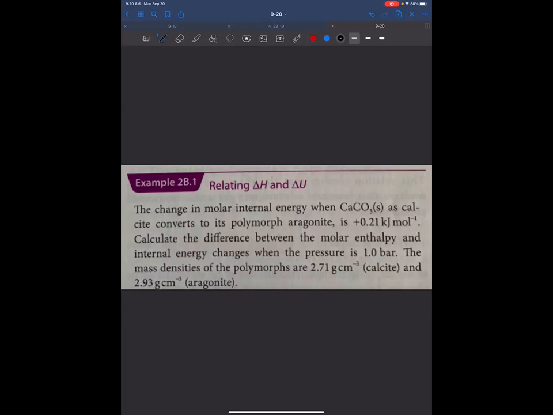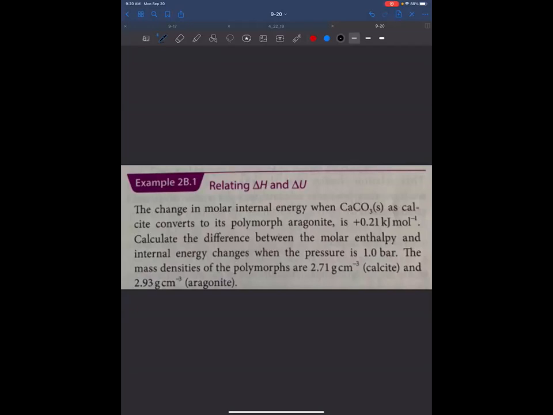So here we are looking at calcium carbonate, which is a simple mineral, and it is changing into its polymorph aragonite. This is a solid. A polymorph for a crystal is also solid. Liquid is not a polymorph. So the phase transition is not to a gas or a liquid. A solid is changing into another solid, and you have been given the change in molar internal energy, which is 0.21 kilojoule per mole.